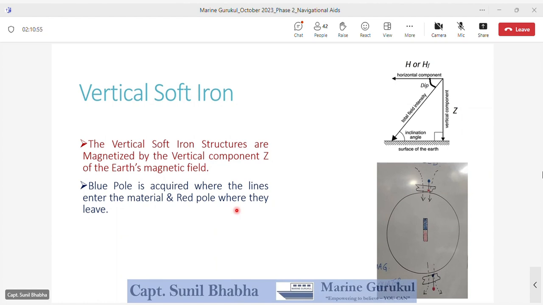Let's assume or visualize the mast on that particular ship. Let's assume the forward mast. Now with the lines of force going vertically downwards, they will be entering from the top of the mast. Now this point where the lines of force enter, that is at the top of the mast, acquires a blue polarity.